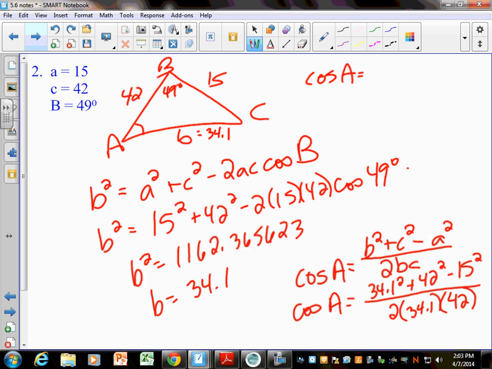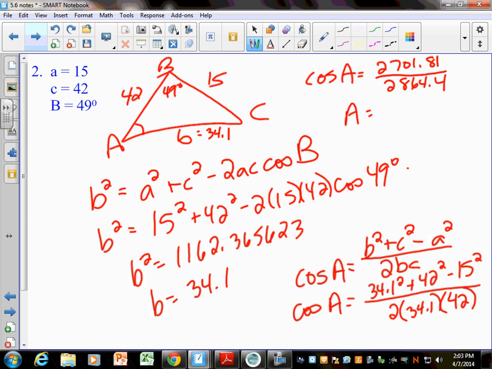I'm just going to type it out. 34.1 squared plus 42 squared minus 15 squared is 2701.81, over 2 times 34.1 times 42, which is 2864.4. And then I'm going to inverse cosine that. Again, it's a lot of calculator work.